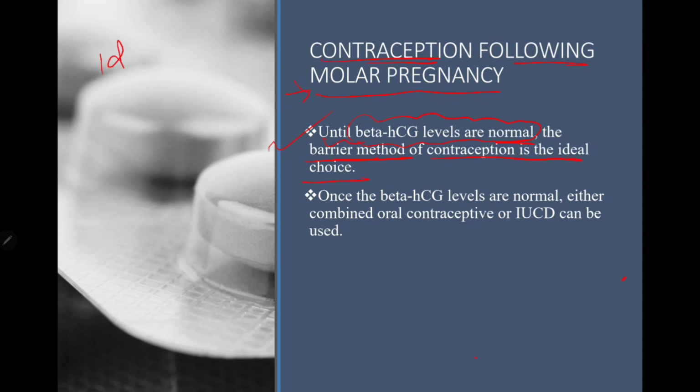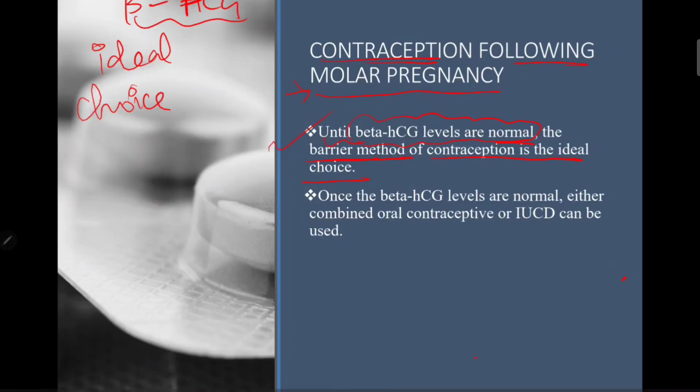First we need to check whether the beta HCG levels are normal. Until then, barrier methods are the ideal choice.